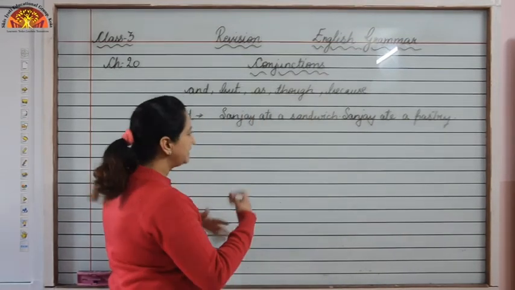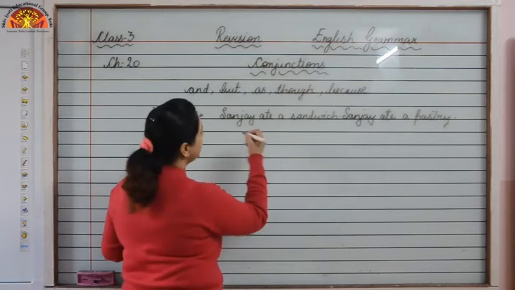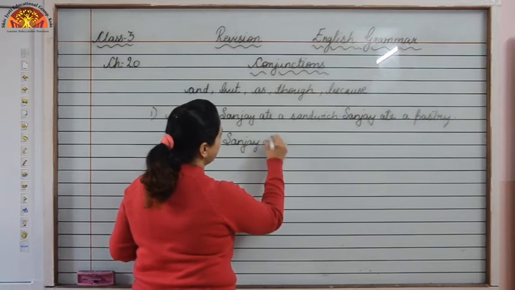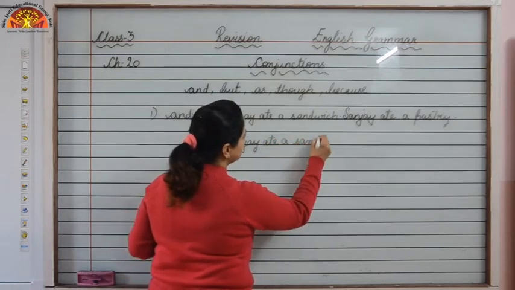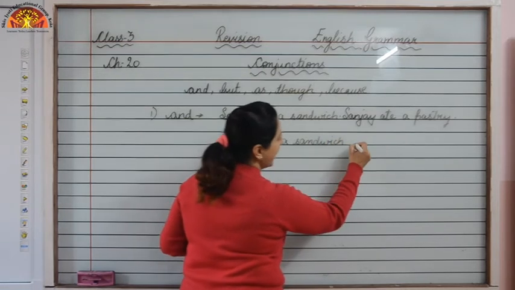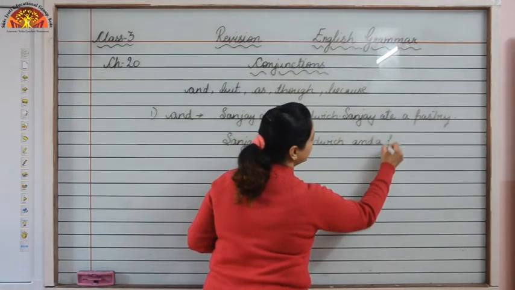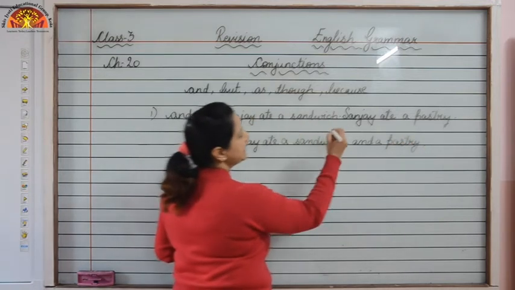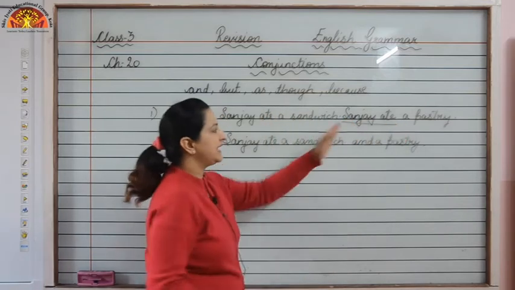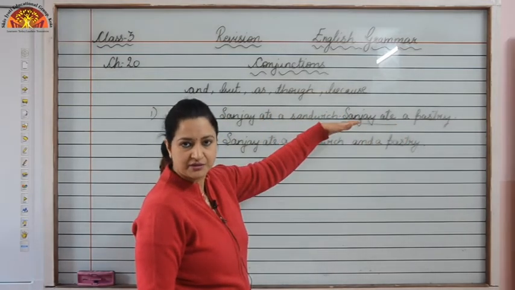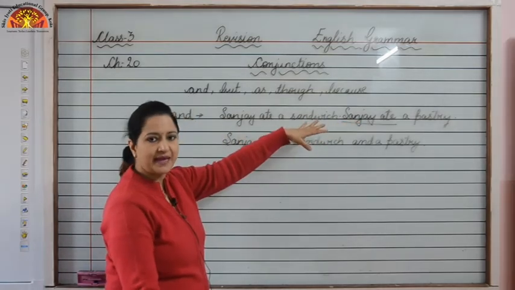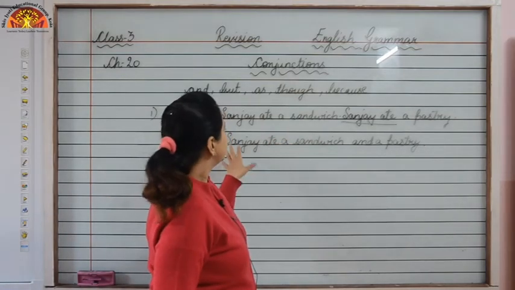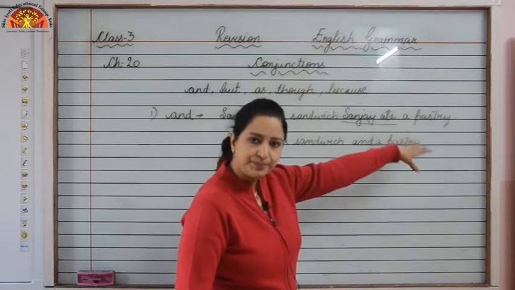So in another way, by using a conjunction, I can write it like: Sanjay ate a sandwich and a pastry. So there is no need to write or say again and again the similar subject. When our subject is the same, there is no need to use that subject again and again. Only write: Sanjay ate a sandwich and a pastry.